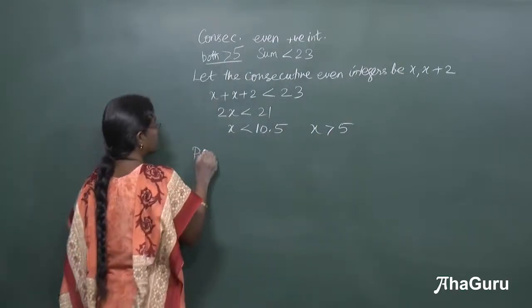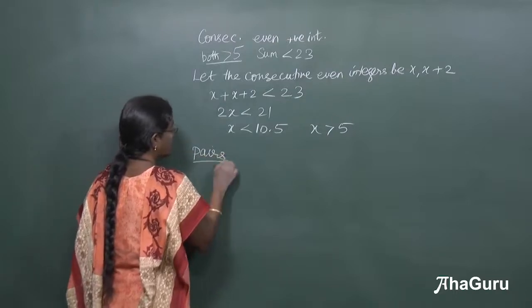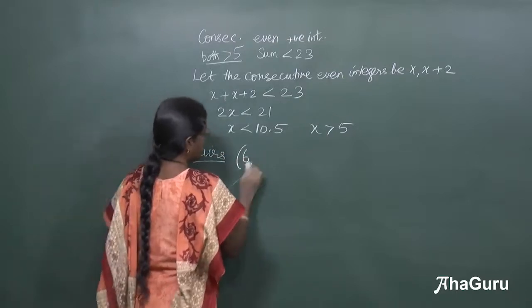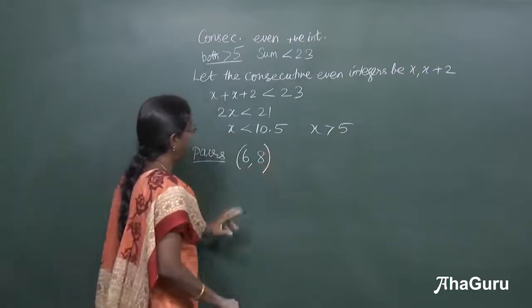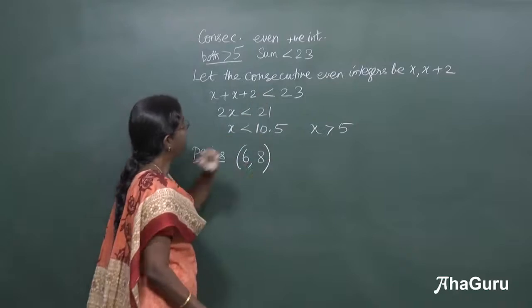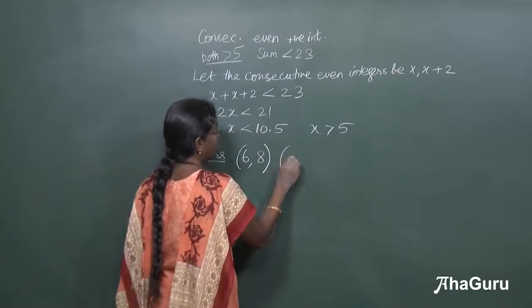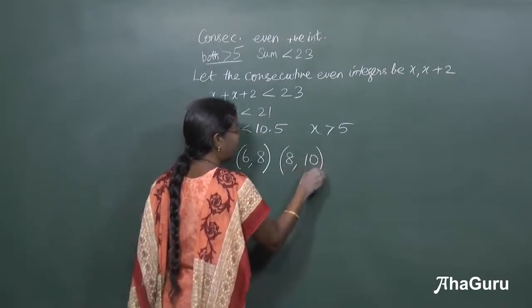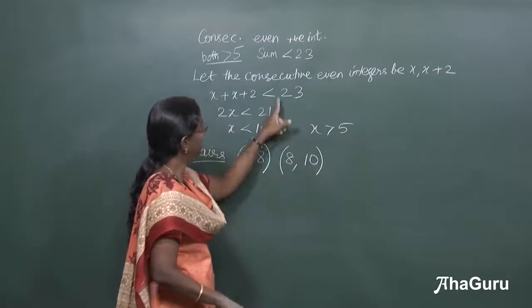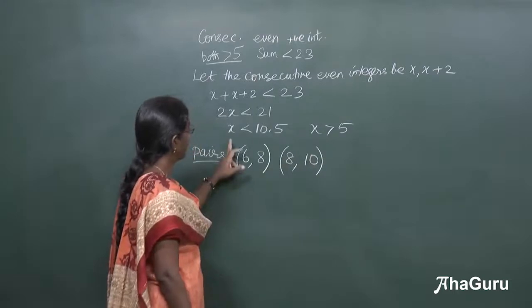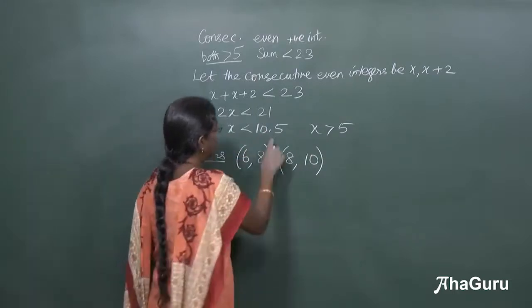So for the required pairs, first we will consider 6 and 8, both greater than 5 and the sum also less than 23. The next one will be 8 and 10, both greater than 5 and the sum 18 is less than 23. And here x is less than 10.5.